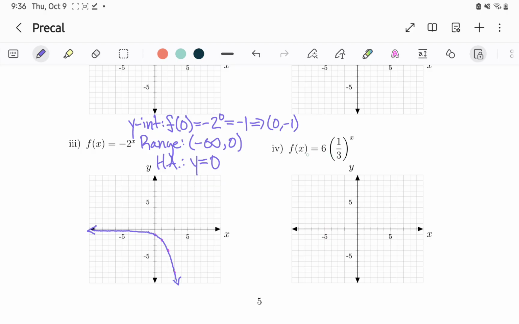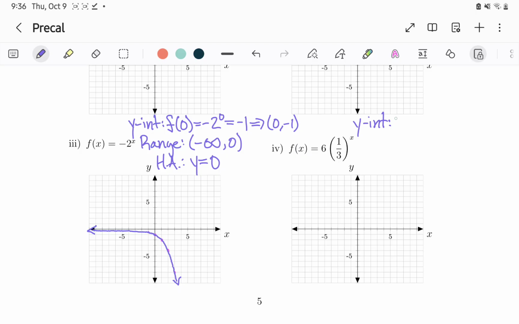So in example 4, we are given the exponential function f of x equals 6 times 1/3 to the x. So for our y-intercept, since a here, the leading coefficient, is equal to 6, this is essentially going to vertically stretch the values of the exponential function 1/3 to the x by a factor of 6.